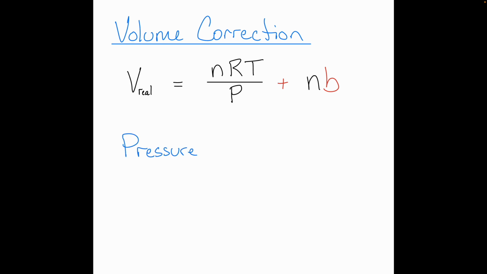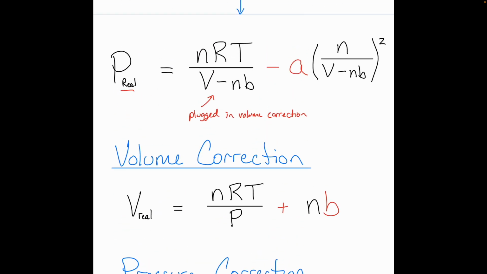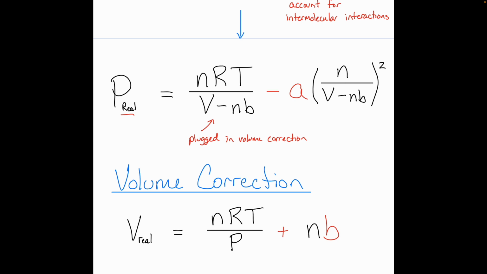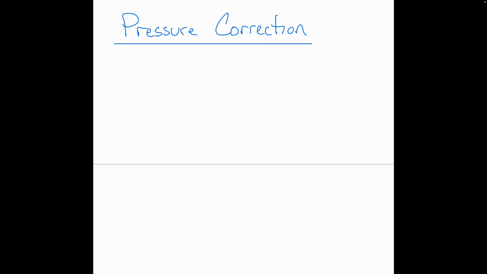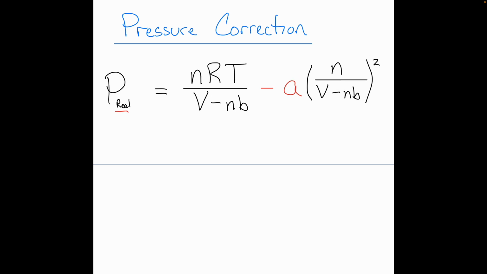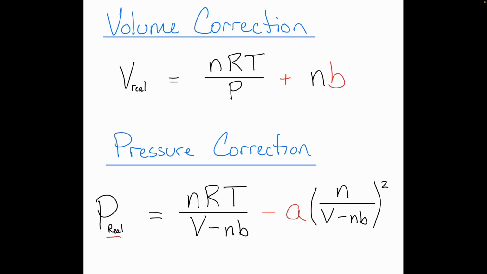Our pressure correction we're going to deck out with everything that we can do, accounting for that real volume. Cool. All right, so these are what we want in our notes here.